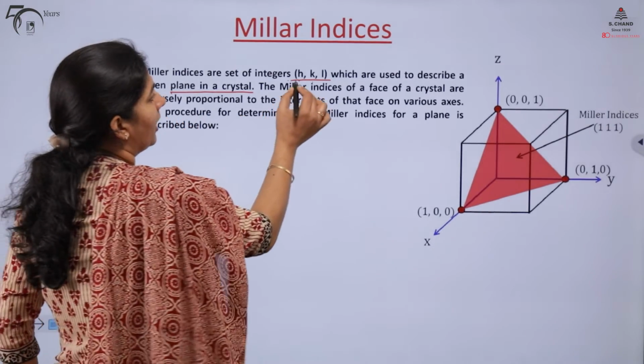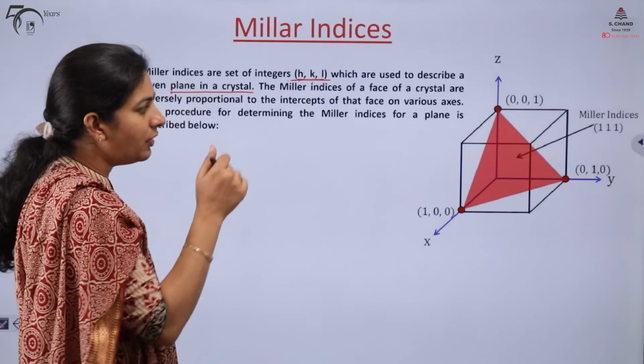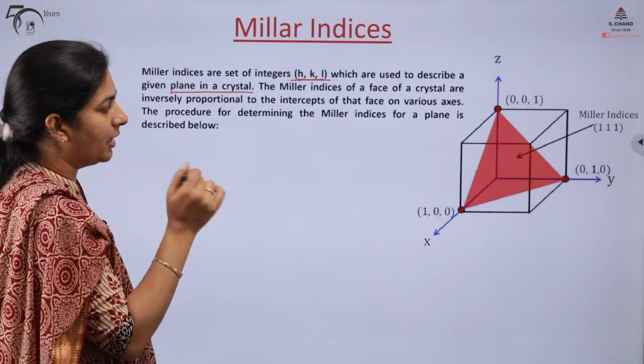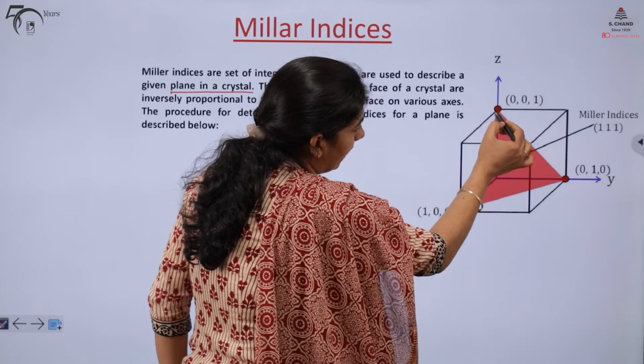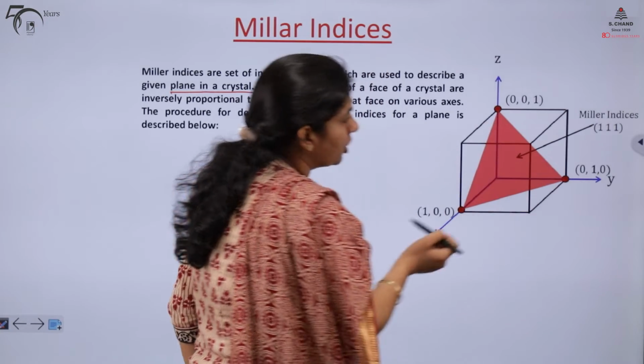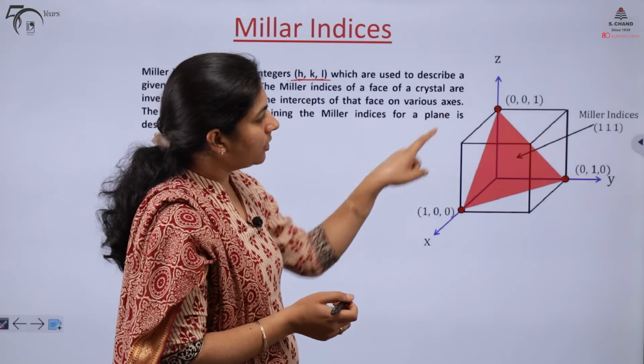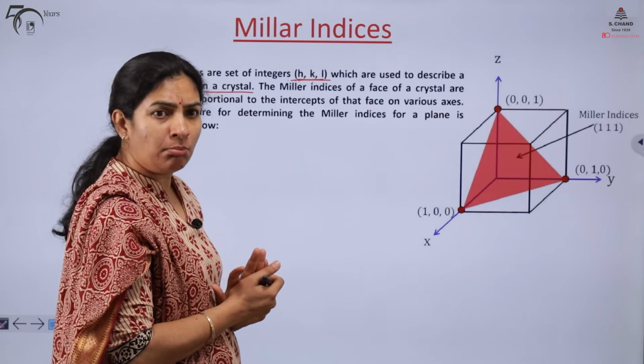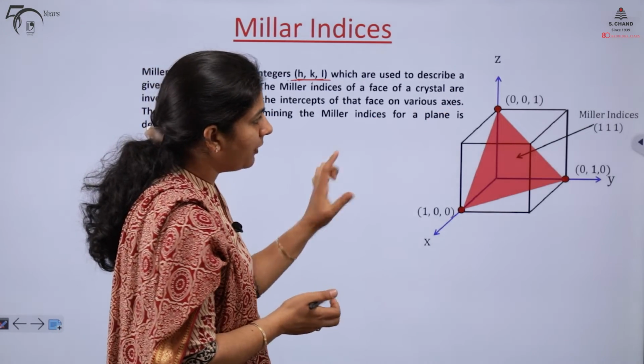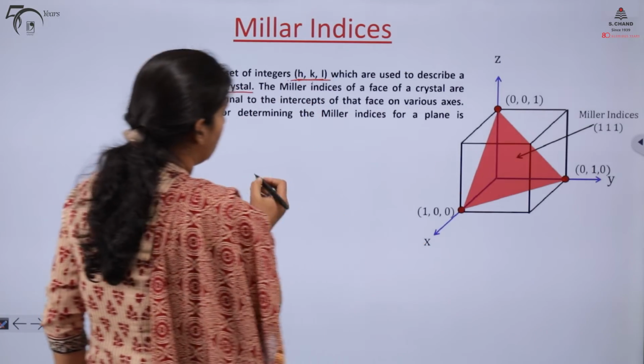So let's say HKL plane, this is one plane. How do we explain it in terms of Miller indices? This particular plane, which is highlighted in the pink shade, has the coordinates of each point given.